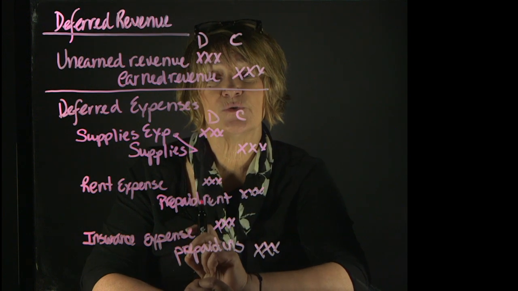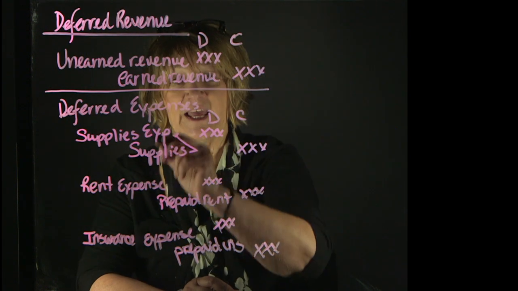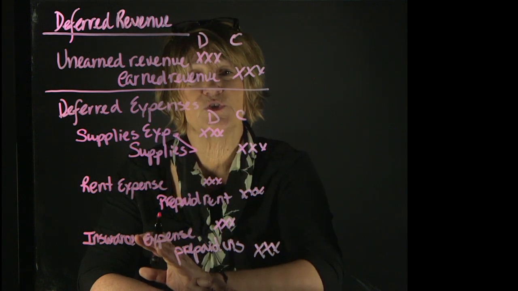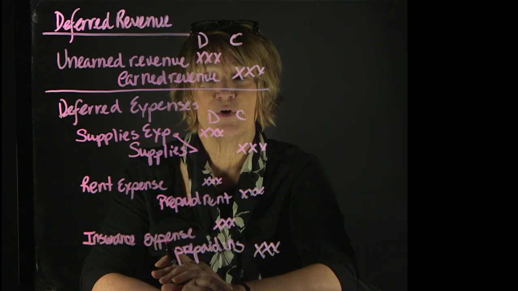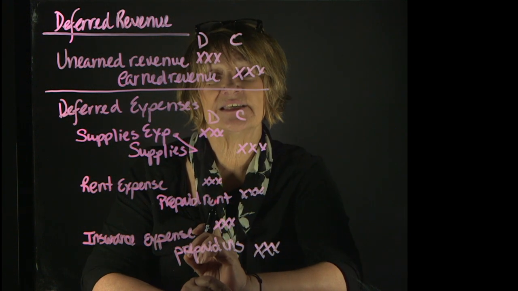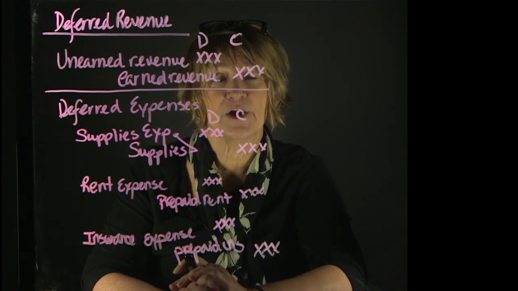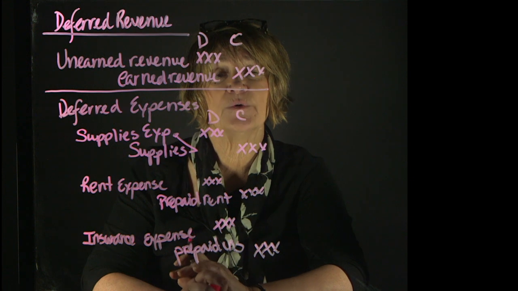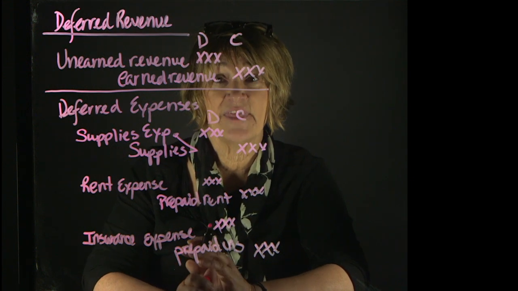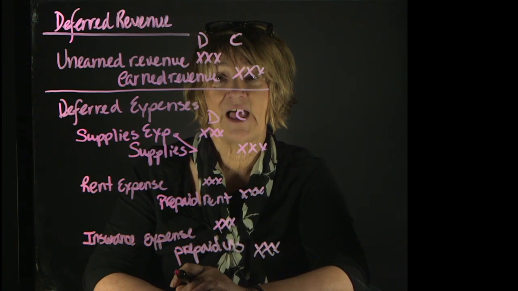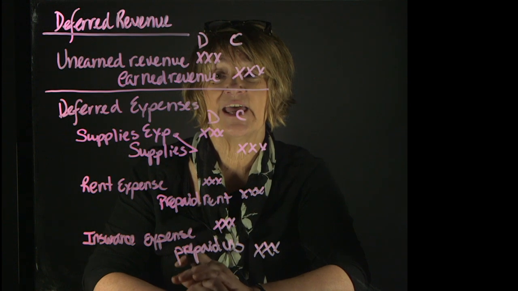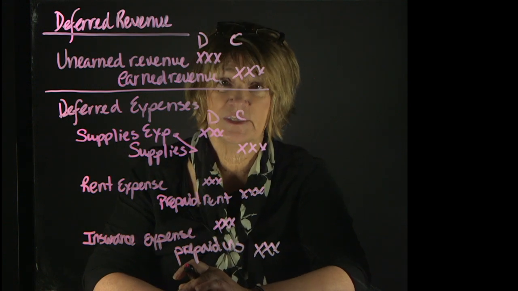Every adjusting entry you'll do will look like these, both what I just showed you previously and what I show you now. Now the trick is to figure out what are the numbers that are going to go in there and how do we figure those out. And that's what we're going to leave for class, is to go ahead and now apply numbers to these templates.